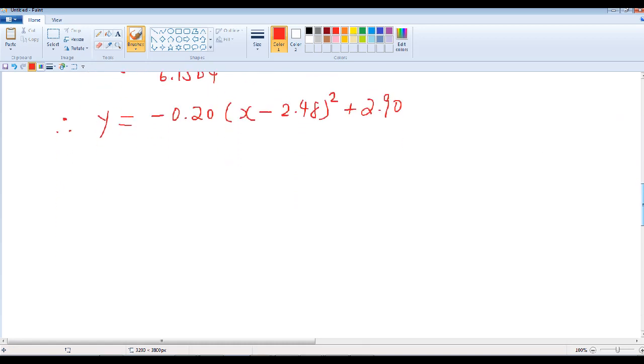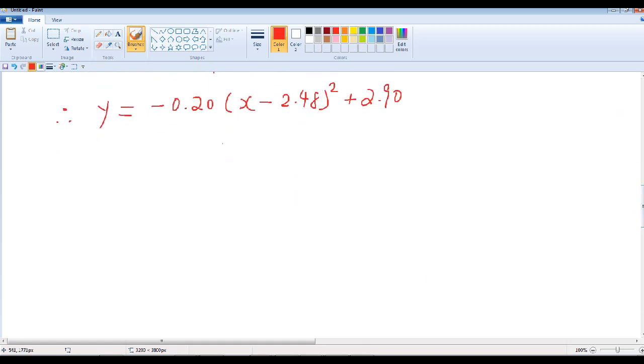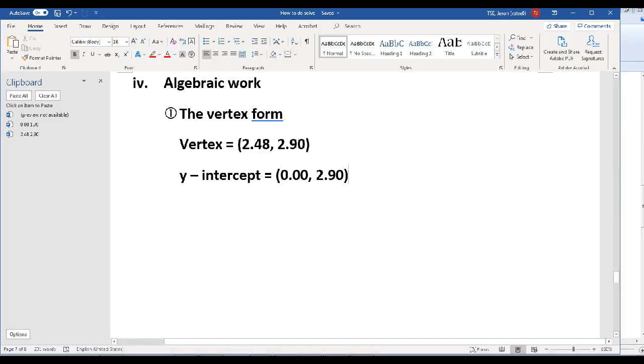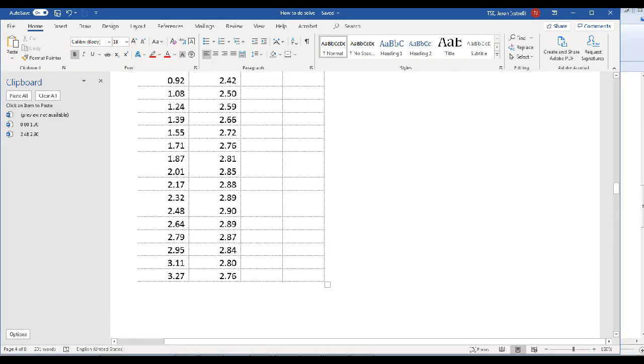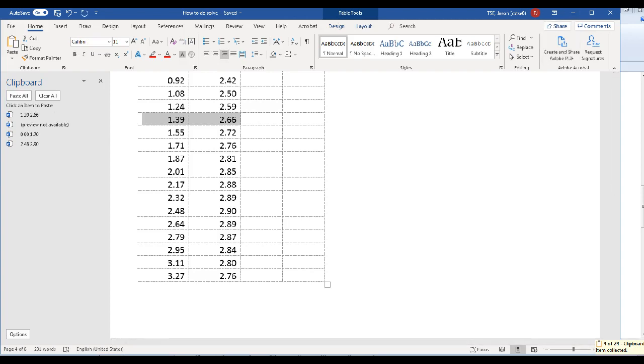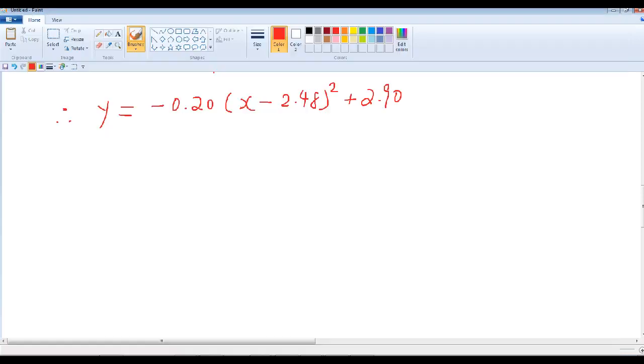So that's the vertex form. But how do we know that this vertex form is actually correct? Let's go back to see that. Let's just pick any point. For example, you might want to pick this point, 1.39. So x is 1.39. Let's see if y is 2.66.